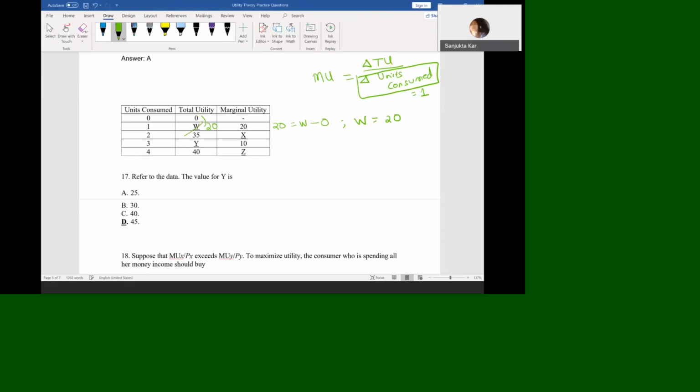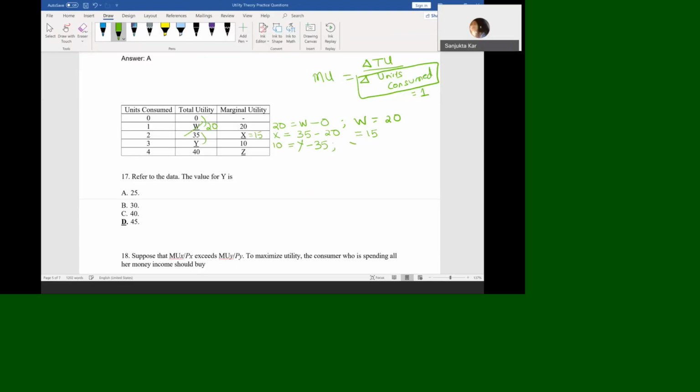Then X is equal to 35 minus 20, which is equal to 15. Now this number 10, just looking at the change in total utilities, is equal to Y minus 35.